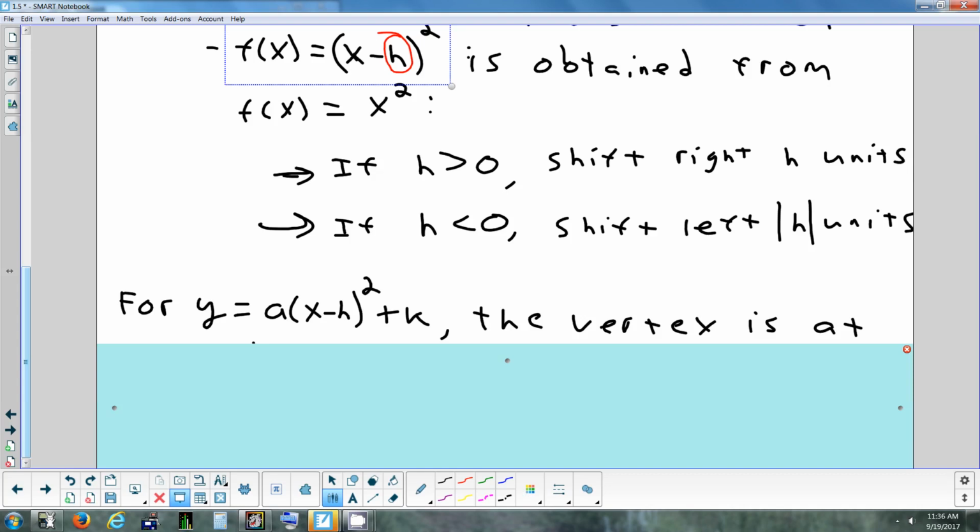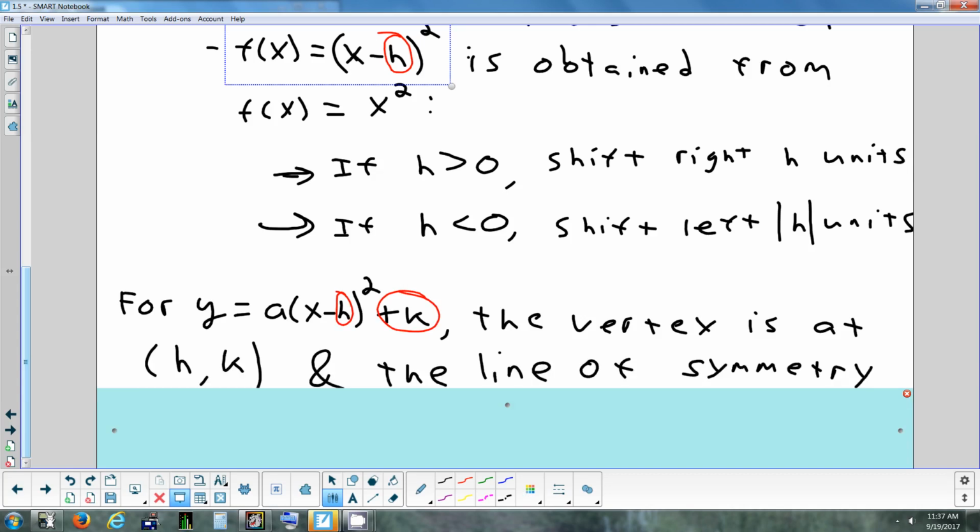So there's only two ways you can affect where that vertex is. You can shift left or right, and you can shift up or down. So if you shift left, right, up, or down, just look at the values you shifted by, and that's where the vertex would be now. If you shifted 2 units right and 2 units up, it would be at 2, 2. And h would be 2 and k would be 2.